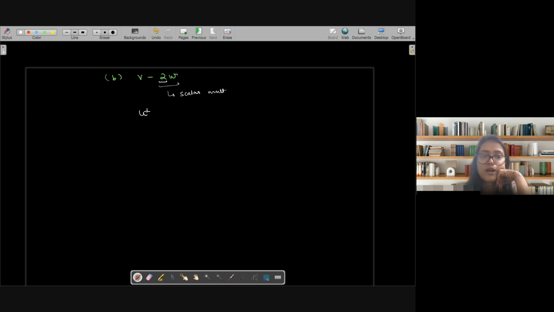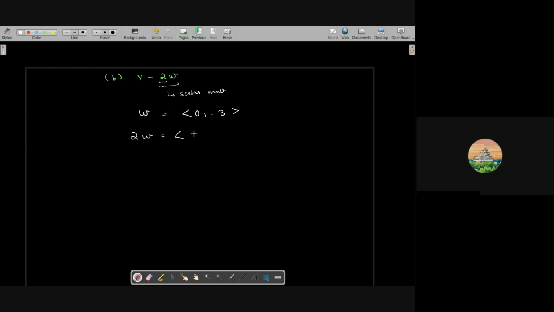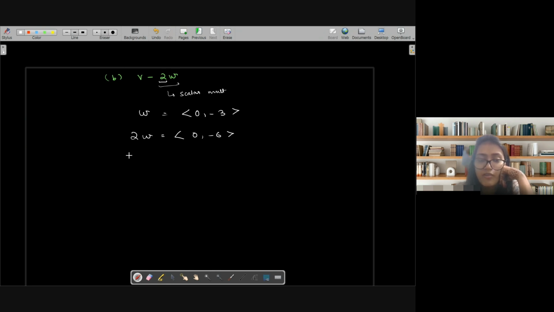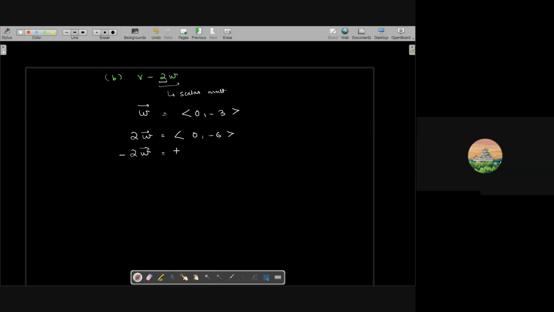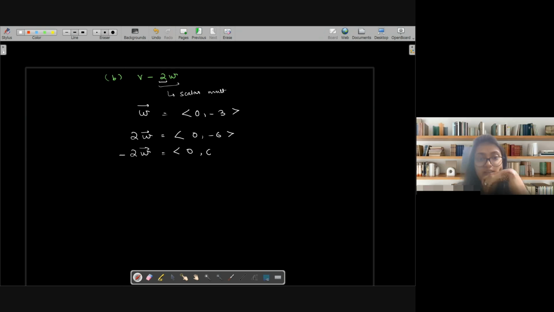So w was (0, -3). First, we are going to find out what 2w will be. Can you tell me what 2w will be? 0 and negative 6. Now we will find the opposite of 2w, negative of 2w. What will that be? That would be 0 and positive 6. Exactly.